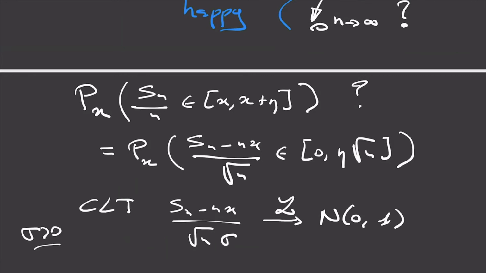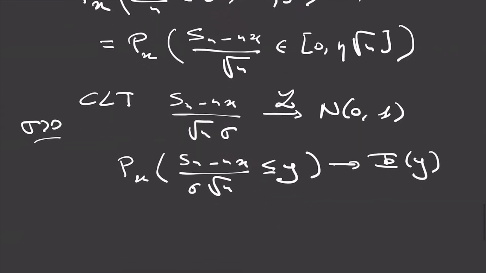So this means that when we look at the behavior of Px of Sn minus n times x over root n being larger than y over sigma, this tends to the distribution function of the standard normal at point y.